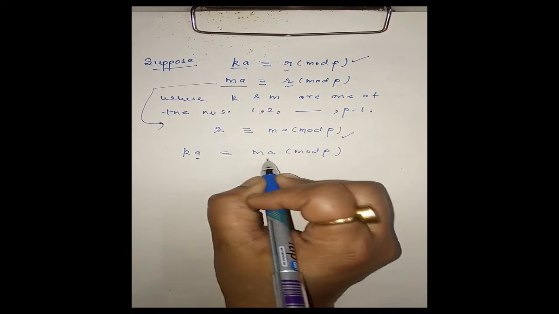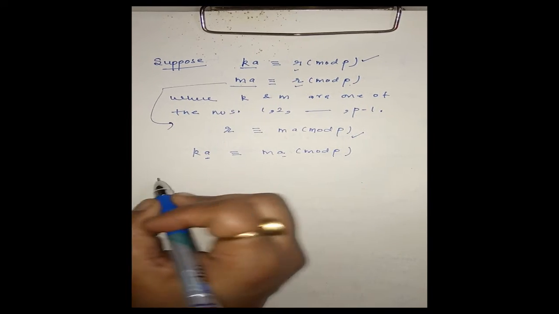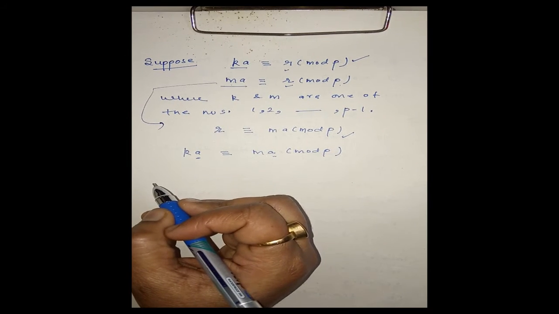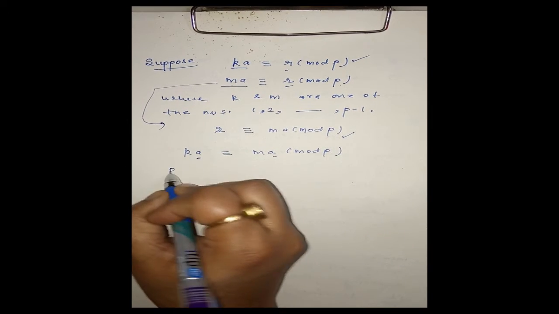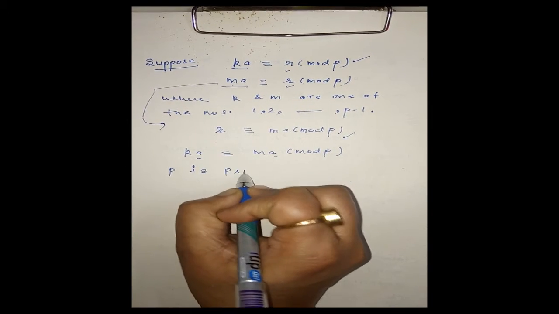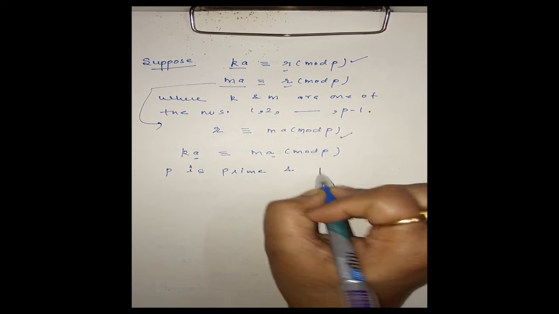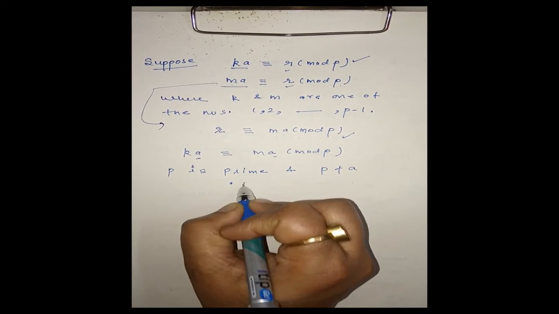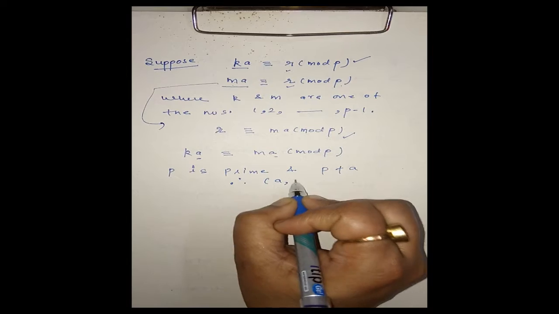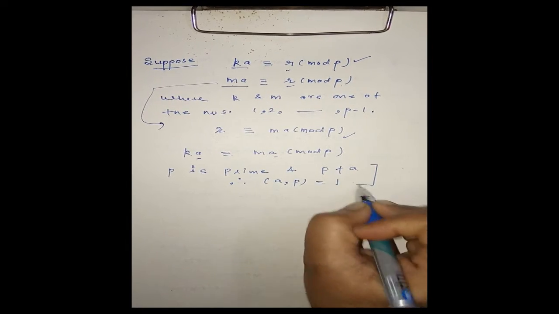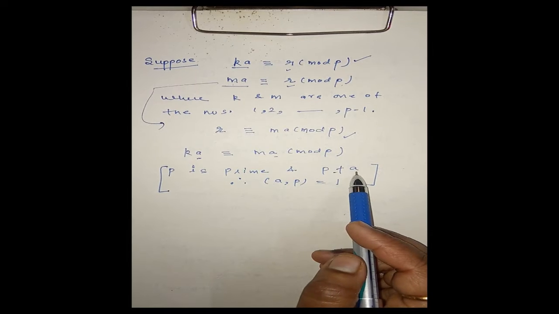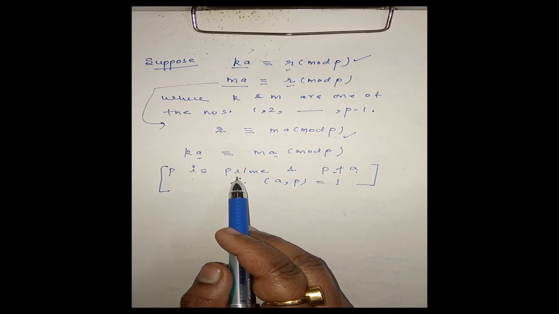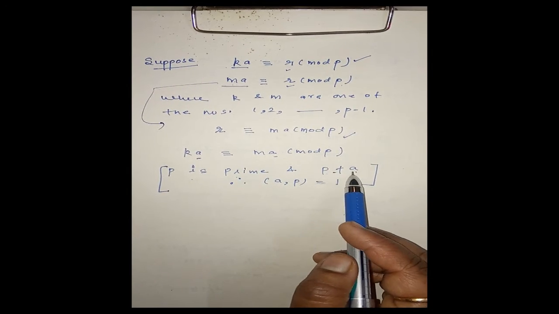Now here a is common. Also, given that p is prime and p does not divide a, only the divisors of p are 1 and p, and p does not divide a.